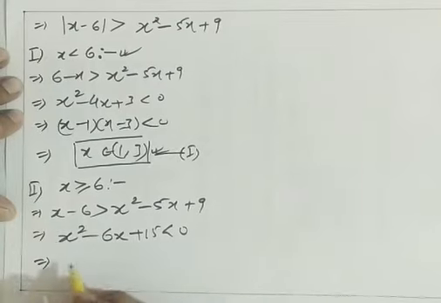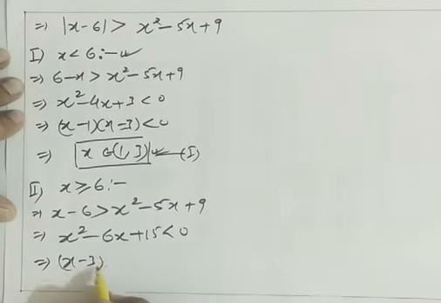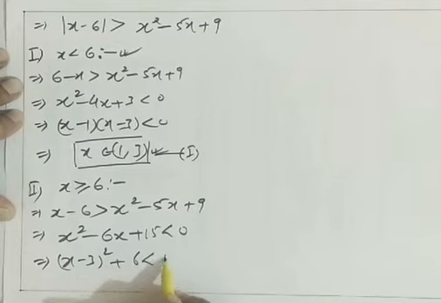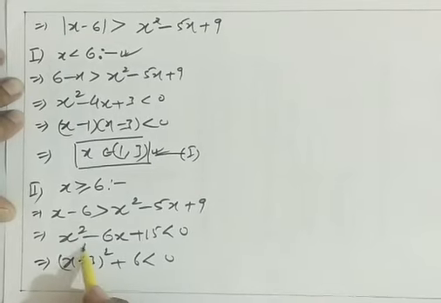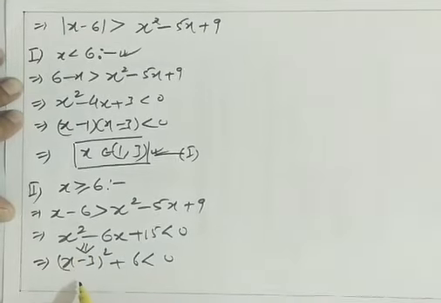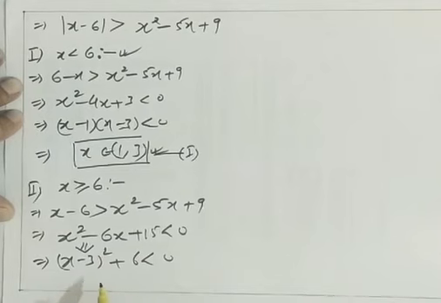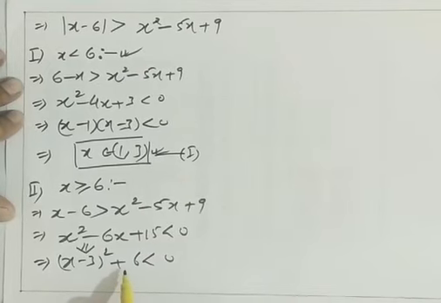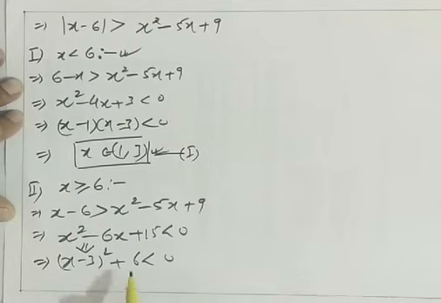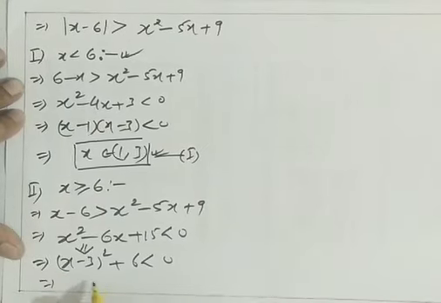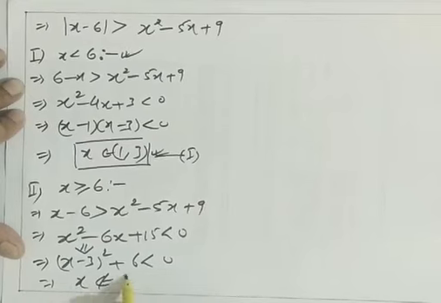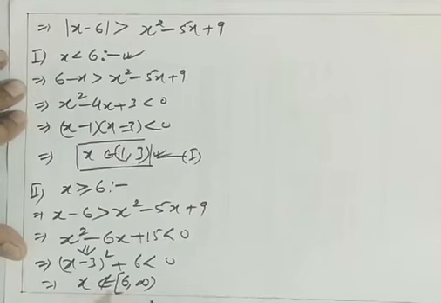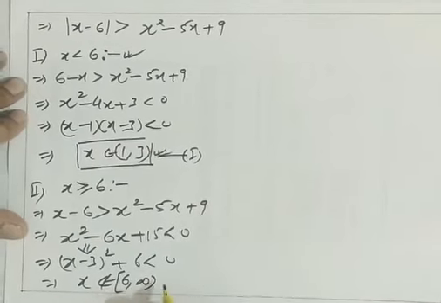So that means this is x minus 3 whole square plus 6 is less than 0. Now this expression can be written by the method of completion of square like this. You can see that this is the square of a real number, it is always greater than or equal to 0, and this is plus 6. That means left hand side is always greater than 0, but it is asking the value of x such that left hand side becomes less than 0. It is not possible. So that means the answer for this case will be x doesn't belong to 6 comma infinity. Okay, now this is the second case.